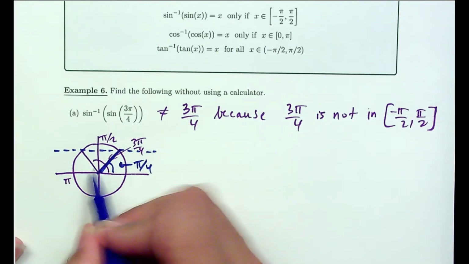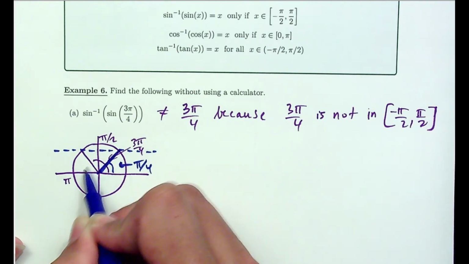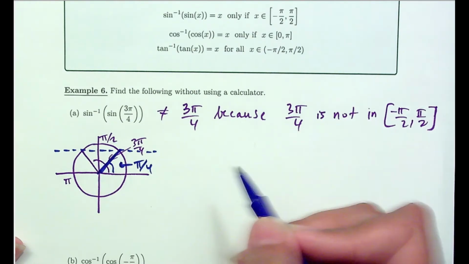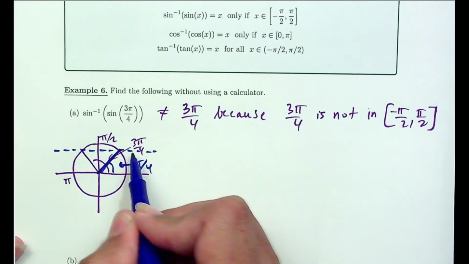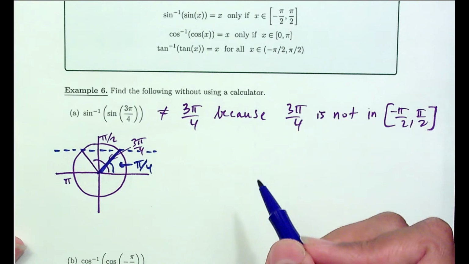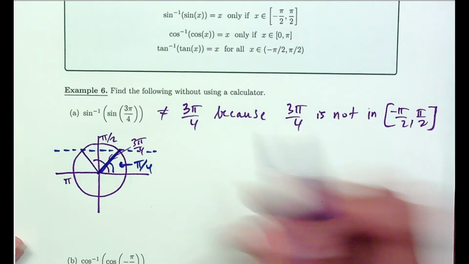That angle happens to be pi over 4, because this is pi minus 3/4 pi, so that's pi over 4. That's the reflection. So now, because this angle has the same y-coordinate, that actually means it has the same value for sine, because sine is the y-coordinate.